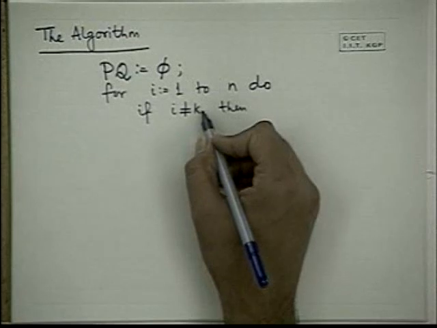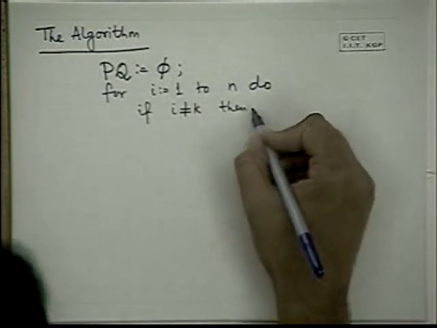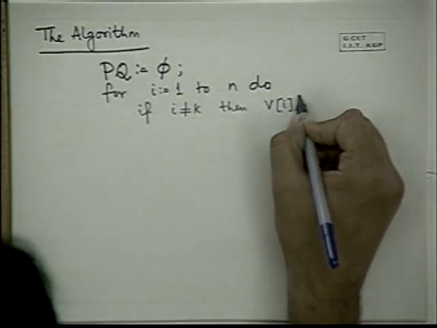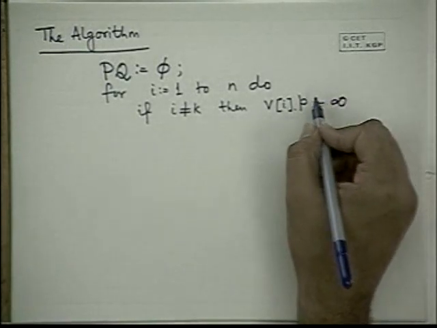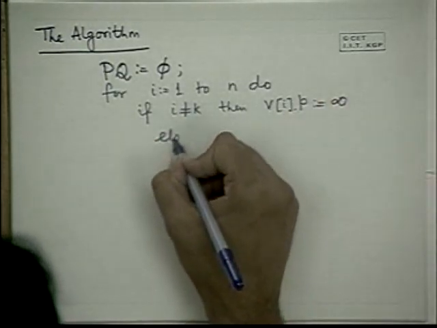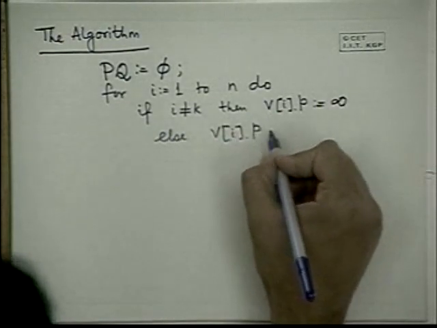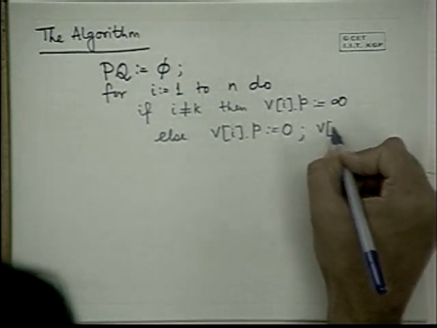If it is the source vertex, we set that priority a little differently. So if i is not equal to k, then Vi.p should be infinity. It should not be chosen. Else, just like the previous algorithm, Vk.p will be 0, and Vi.pi.